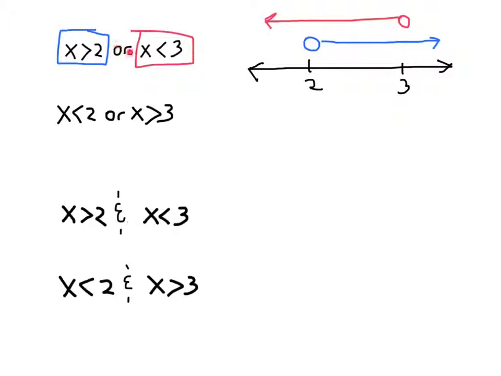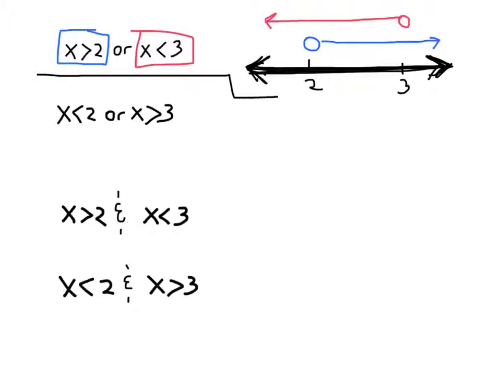And since it's OR, you want to graph all the activity that's on the graph. So it would be the entire graph. And that's one of those situations where it is indeed all real numbers. Okay, so that would cover that problem.